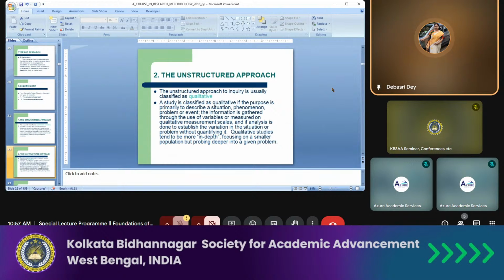The structured means, assume now, it is quantitative, and unstructured means mostly qualitative, but it's not classified strictly as qualitative or quantitative. If it is mostly qualitative, you go for the in-depth, you adapt some of the methodology. But if it is a mixture, you take some of the quantitative measures, numerical values, and you must apply some scaling technique, because there are a number of scalings, qualitative scaling and quantitative scaling.